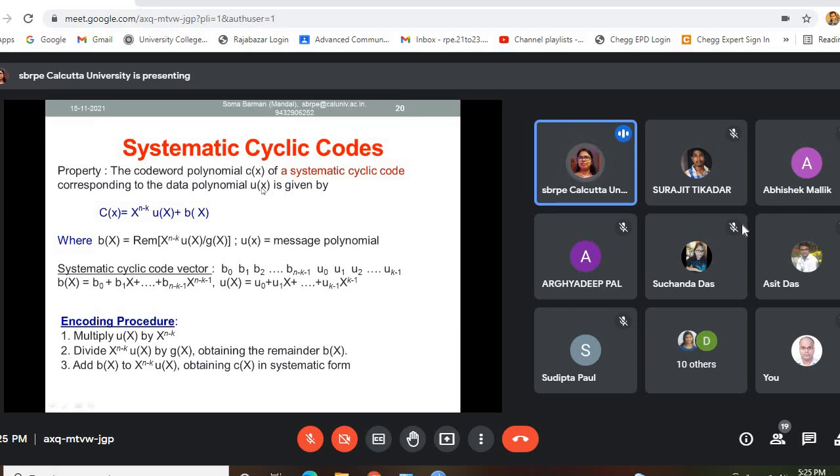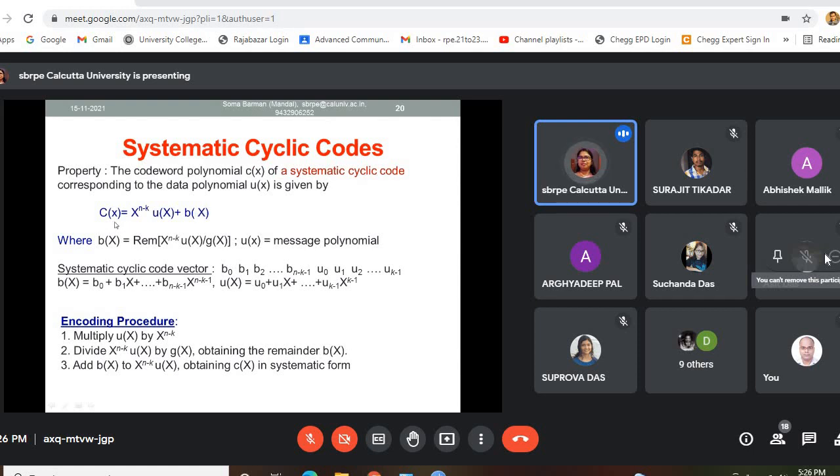D(x) and U(x) are the same, you can use either notation. Non-systematic is the multiplication of the data polynomial and the generator polynomial. But in the systematic way, you are adding the parity bits, and that parity is b(x). How you generate b(x) is the important thing.